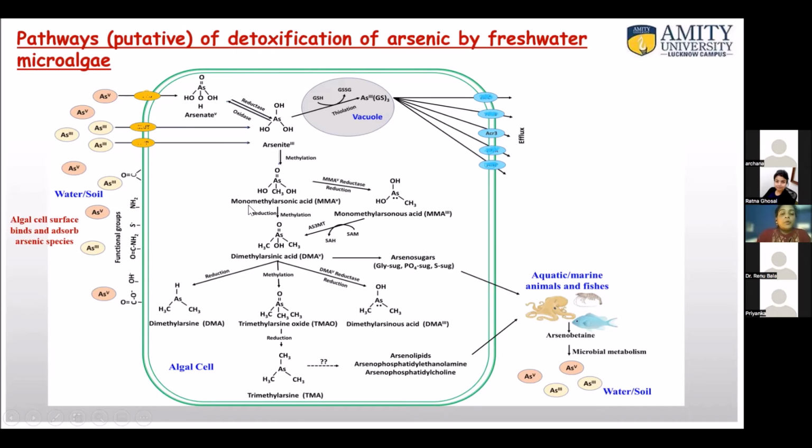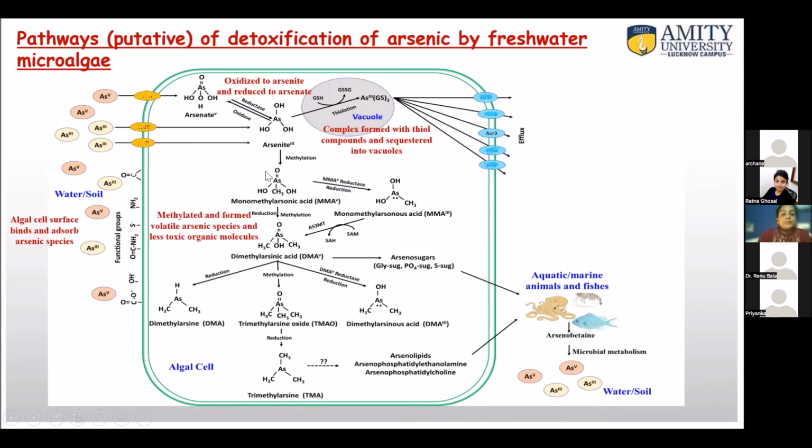This type of methyl arsenicals are found, and there is another, trimethyl arsine. This is actually volatile. So I'm going one by one. So this is the oxidation reduction reaction. Sometimes they can form a complex with the thiol group and be sequestered in the vacuole and effluxed.